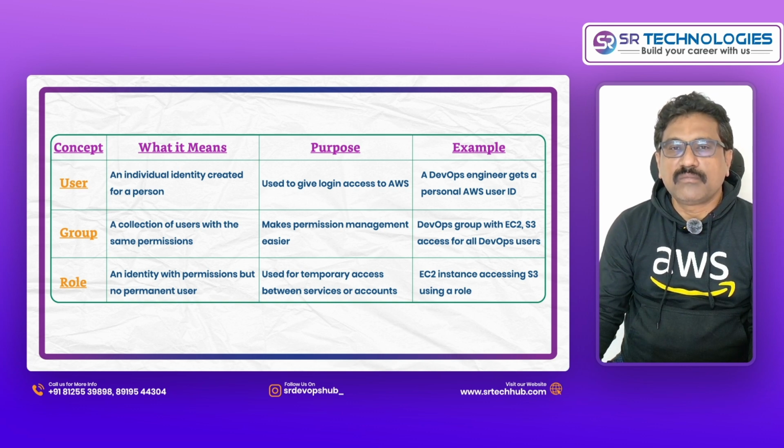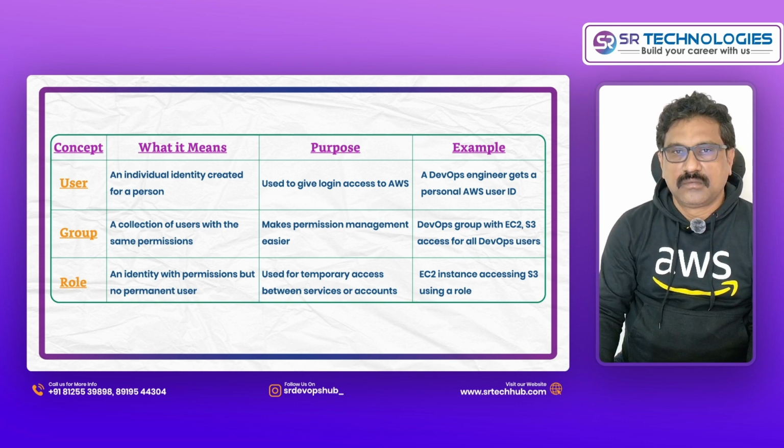For example, you are from the DevOps team. They will create one group for DevOps and give the required permissions to that group. Instead of giving to users individually, they will give the permissions to that DevOps group and add these user IDs to that group. That means whatever permissions are there for the DevOps group, those permissions will be applicable for all the users inside that group.